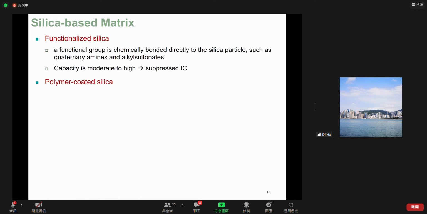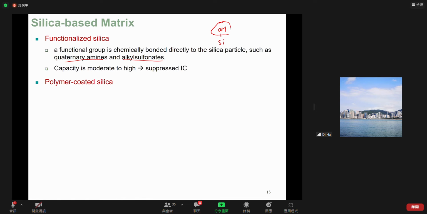Such as a quaternary amine bonded to the silica particle to make a strong ion exchanger, or an alkyl sulfonate group bonded to the silica particle. Because the silica particle has silanol groups, if you still remember, we mentioned that. These are chemically derivatized to give a chemically bonded stationary phase.